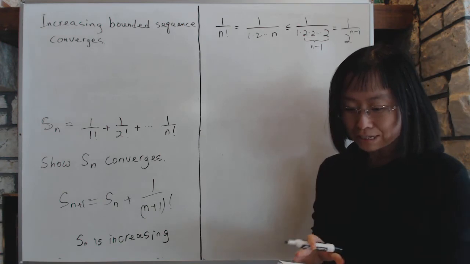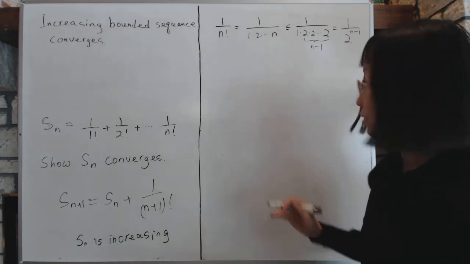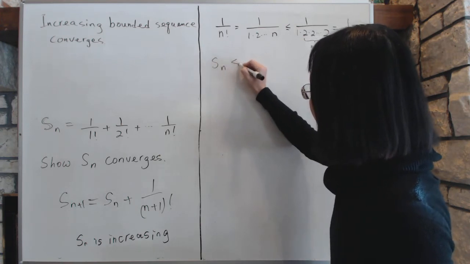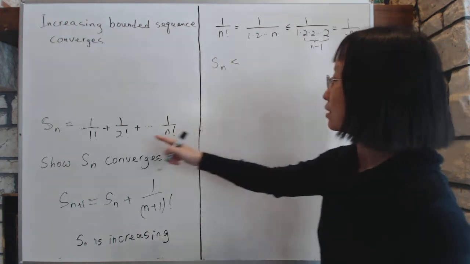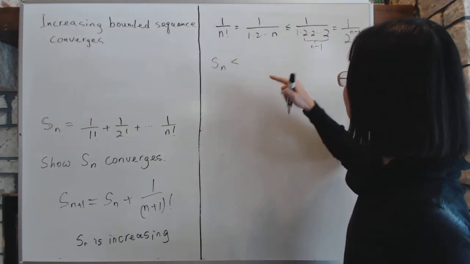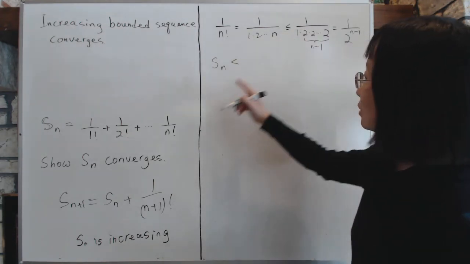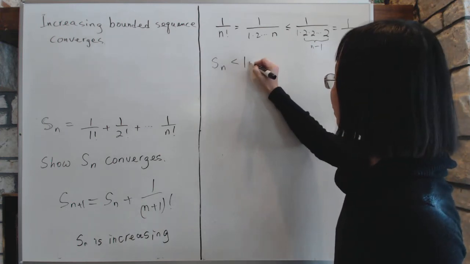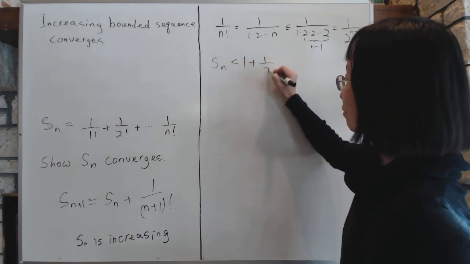All right. So then the way we control Sn is to say that Sn is bounded by this particular relationship. 1 and 1/2 we will not control.